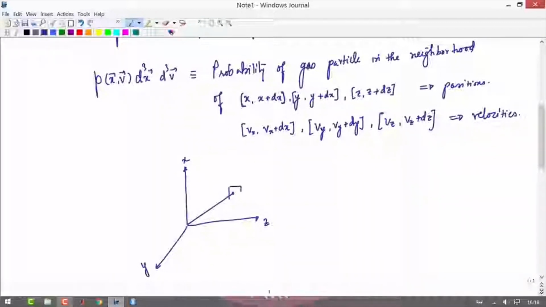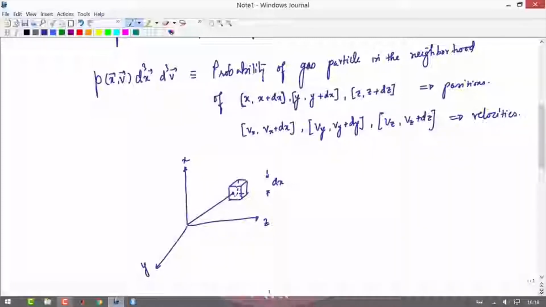Now this is a 3-dimensional cube at some location. The thickness of the cube is basically dx, dy, and dz, and dx dy dz is the volume of this cube at location x, y, z.